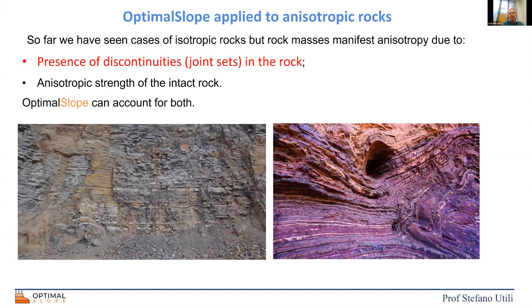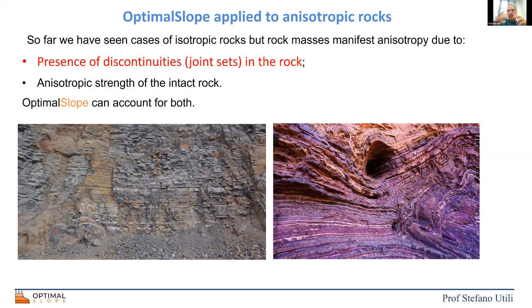Okay, so until now I've spoken about isotropic rock, or let's say isotropic ground, but we all know that there are discontinuities. So how do we deal with this? I would say there are two main causes of anisotropy.